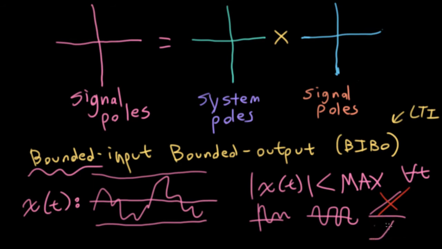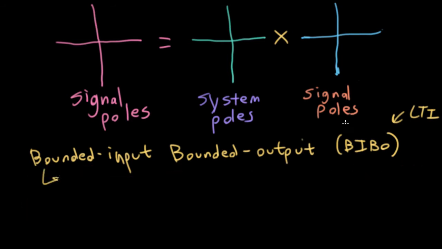Or if I were to have some sort of exponentially expanding sinusoid, that's not bounded either. So the idea of something being bounded or not is a concept that applies to signals. So this is what we mean for a signal to be bounded.